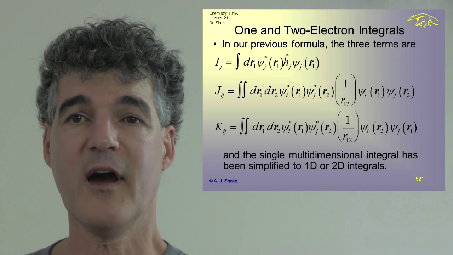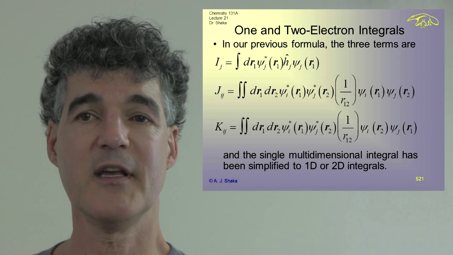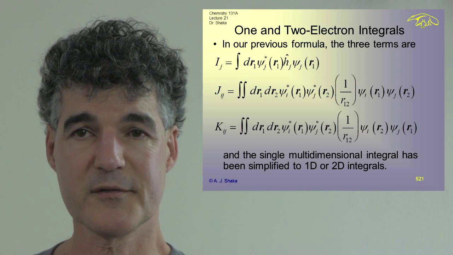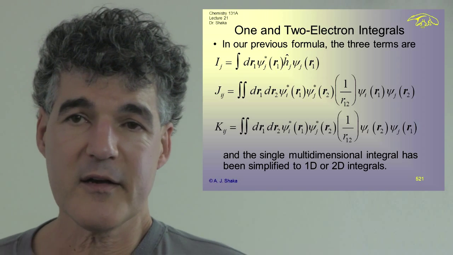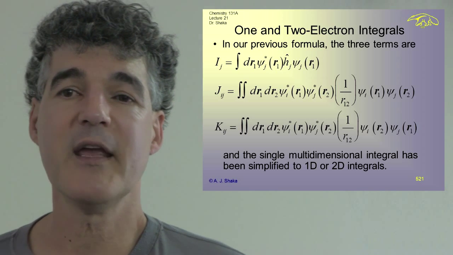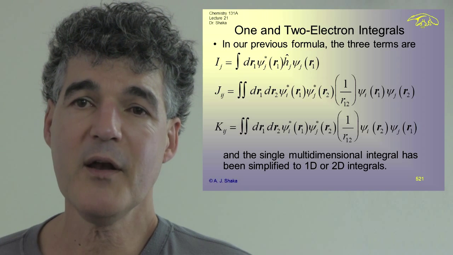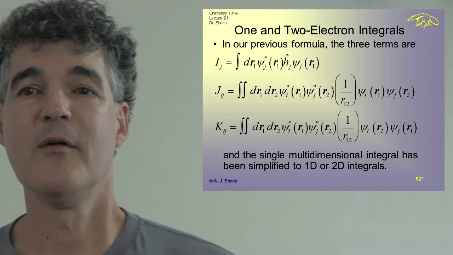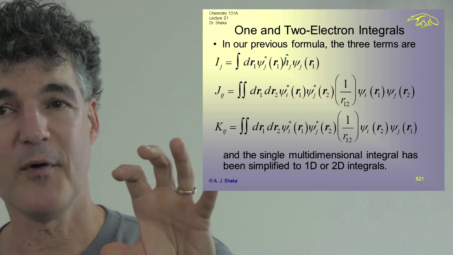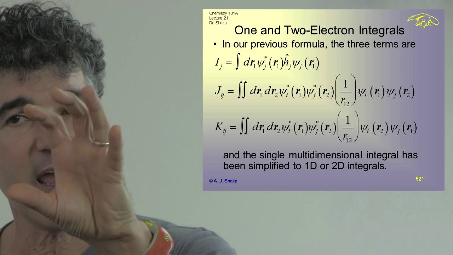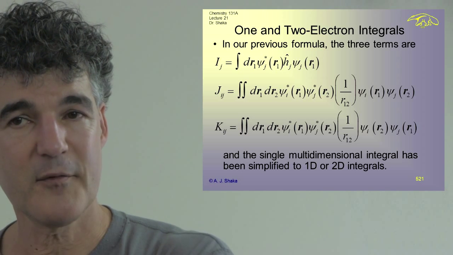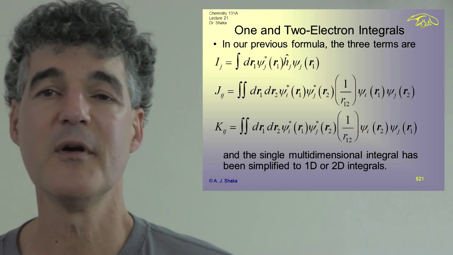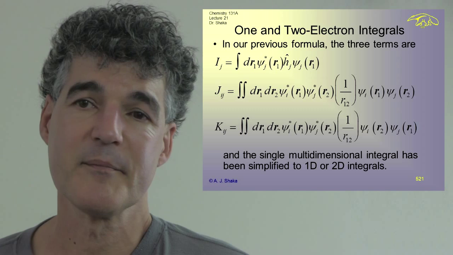Well, the I part is just the energy of each single electron. Ignore the others. The J part is what we get when we take the integral of psi i of R1, psi j of R2, then the repulsive term, psi i of R1, psi j of R2, that we've seen before.